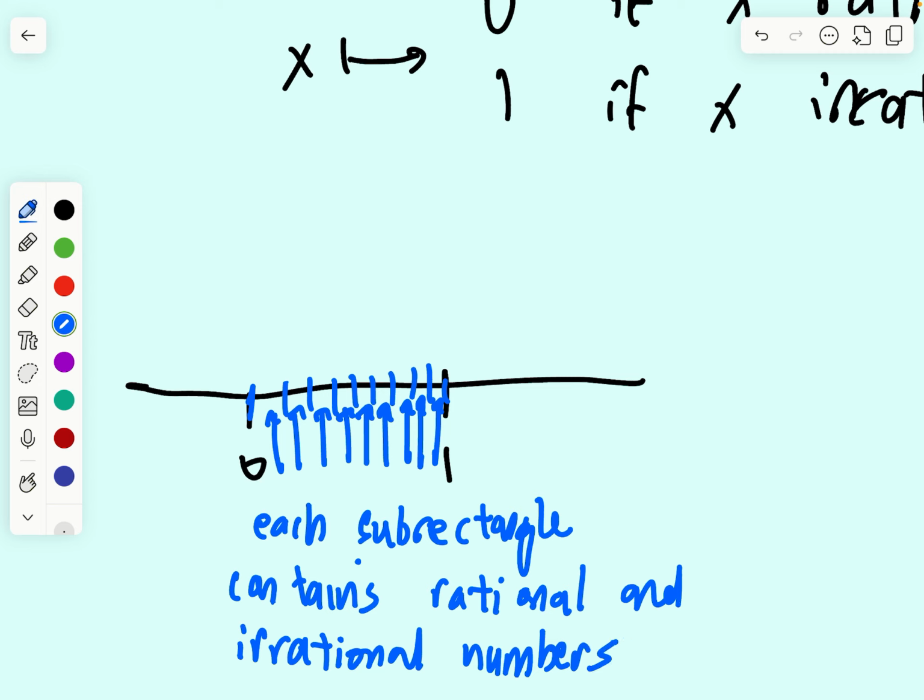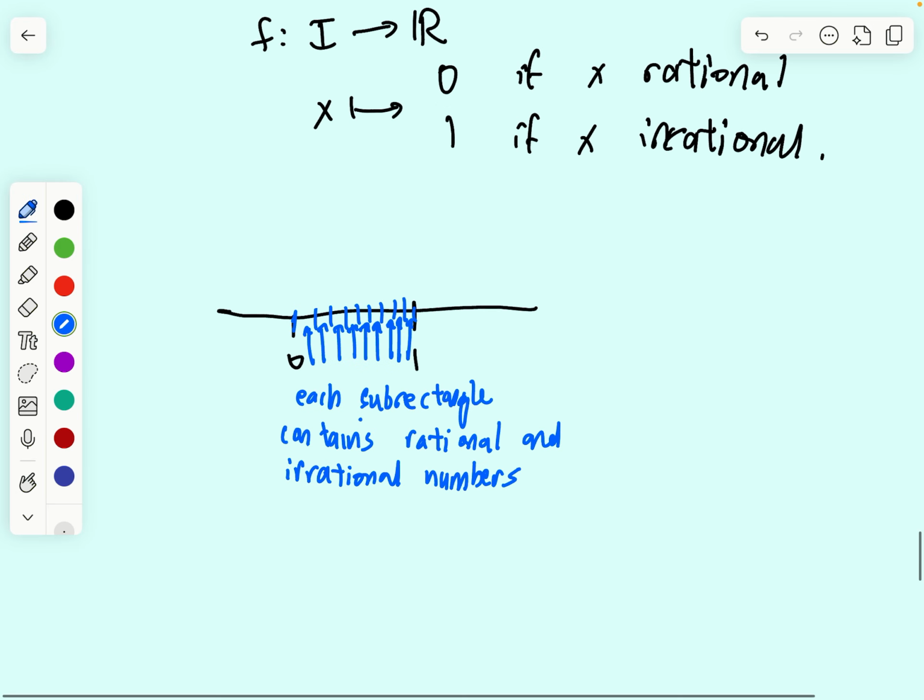So because of that, the lower sum is always going to be equal to 0, because the infimum of the function on each subinterval is just going to be 0. And when you take 0 and multiply by the length of this interval, you just get 0. So every lower sum is 0.